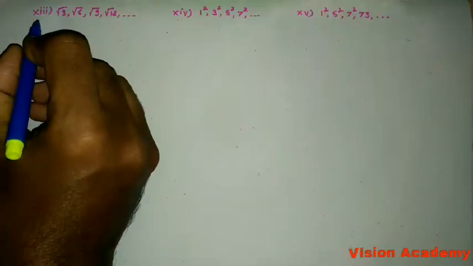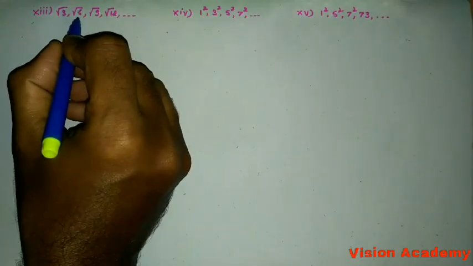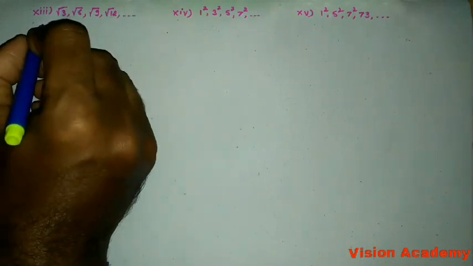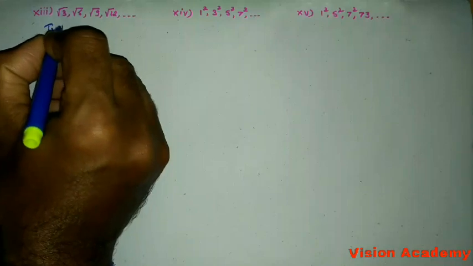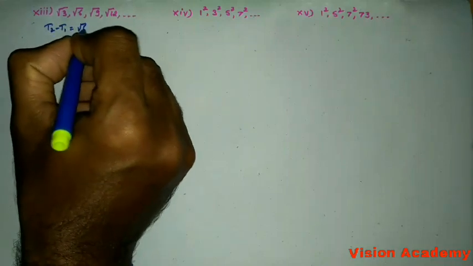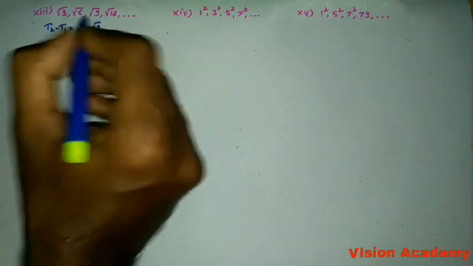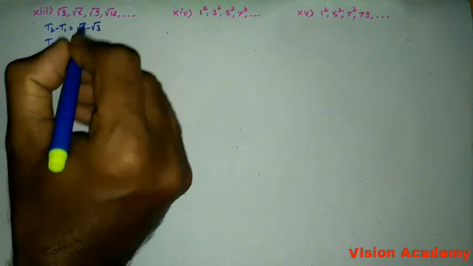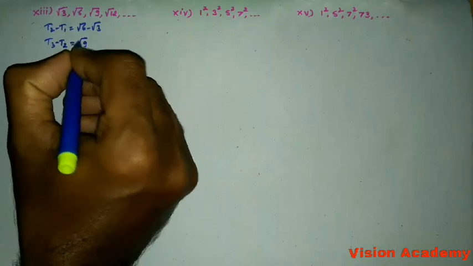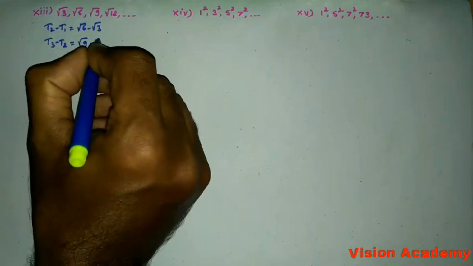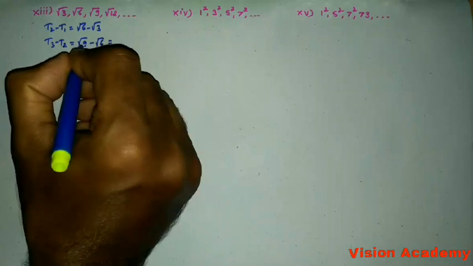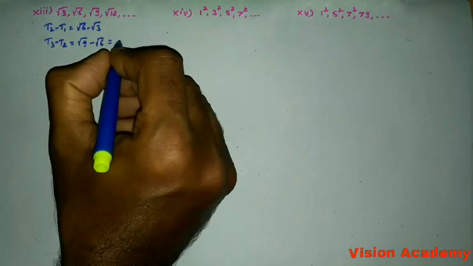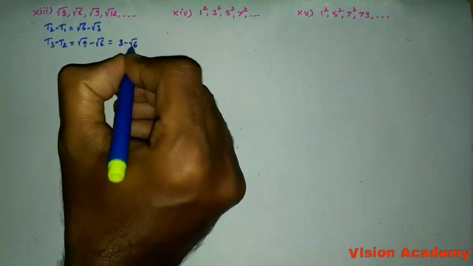Now let us solve question number 13. Square root of 3, square root of 6, square root of 9, square root of 12 and so on. So let us write T2 minus T1 is equal to square root of 6 minus square root of 3. Next, T3 minus T2 is equal to T3 is square root of 9, minus T2 is square root of 6, which gives me 3 minus square root of 6.